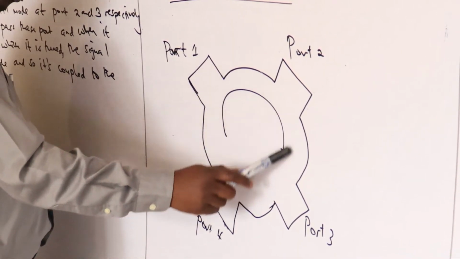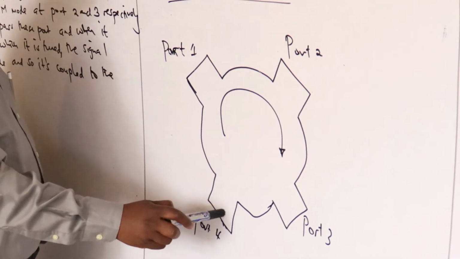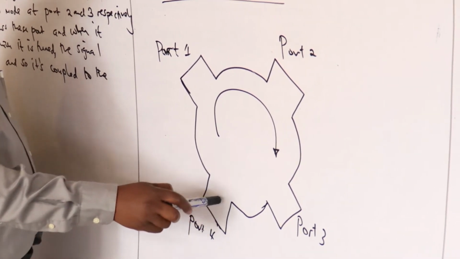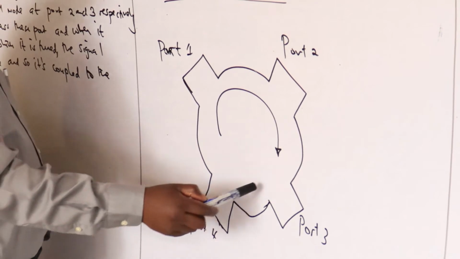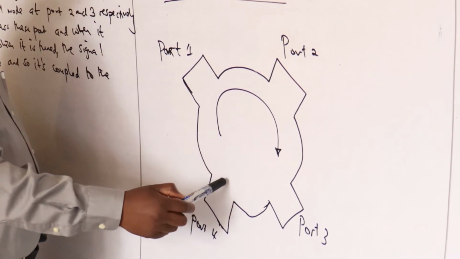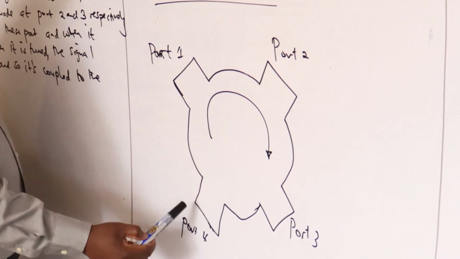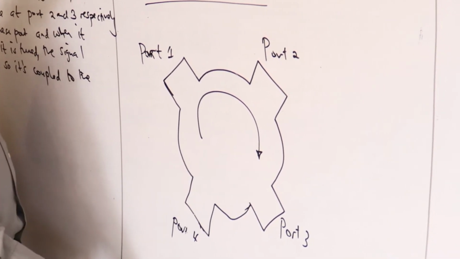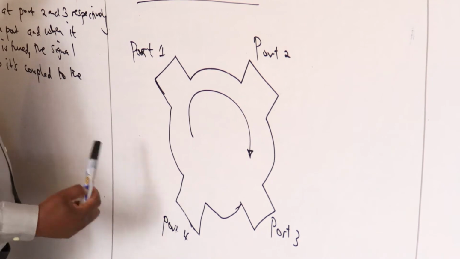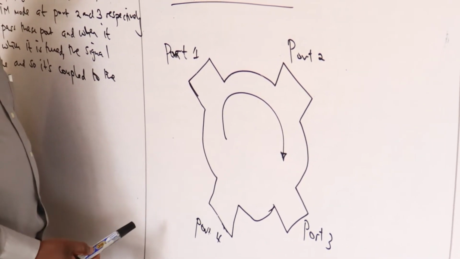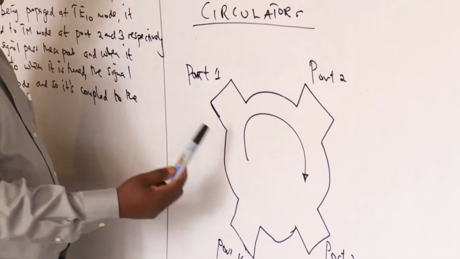So the signal will go through these other ports until it reaches port 4. When it reaches port 4, for it to be coupled out, the signal will change the transmission mode back to TE mode so that it's coupled through the output port, which is port 4. So basically, that's how the circulator works, and it's able to separate frequencies.